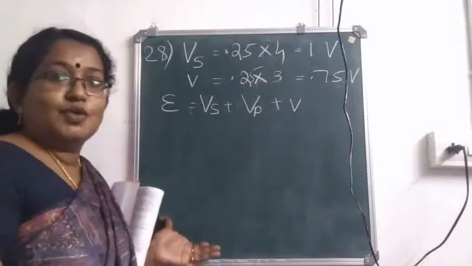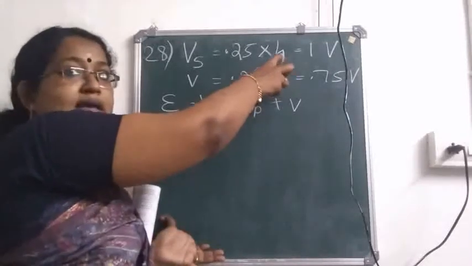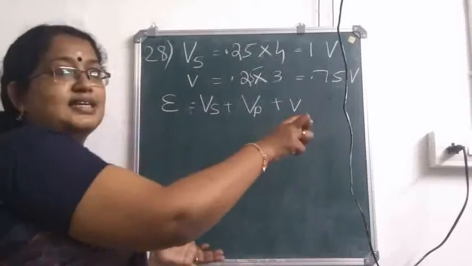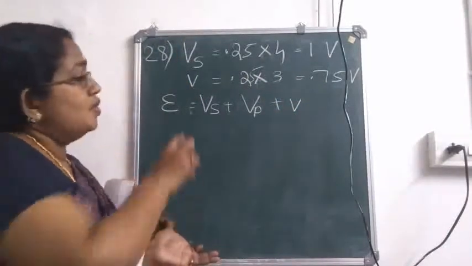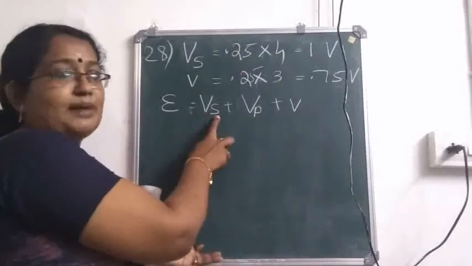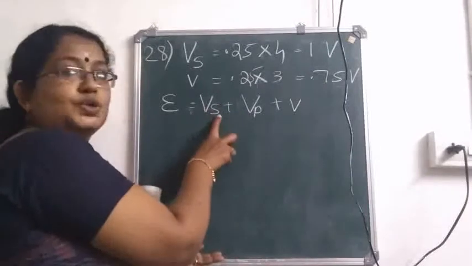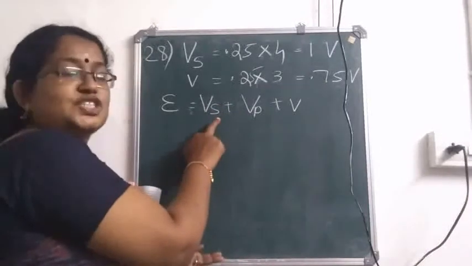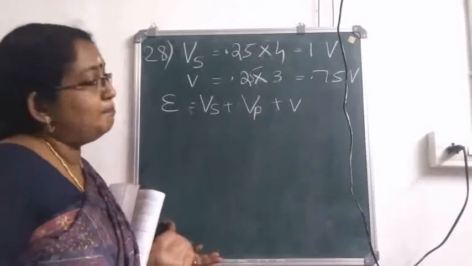Here the terminal voltage is caused due to the resistor of 4 ohm connected in series with the parallel resistors. So instead of terminal voltage capital V, I am writing Vs and Vp. Vs is due to the resistor which is connected in series, and Vp is due to the resistors connected in parallel.